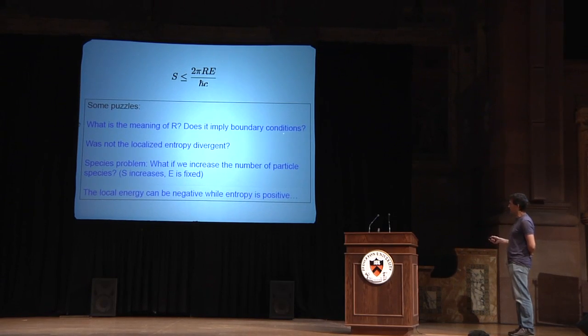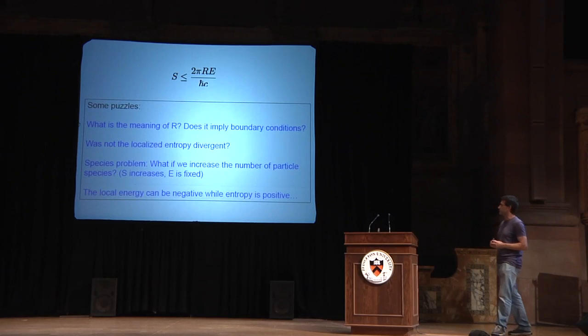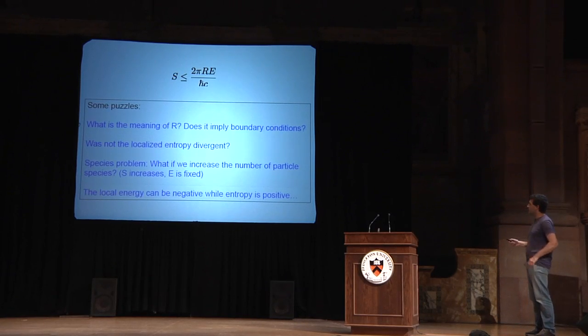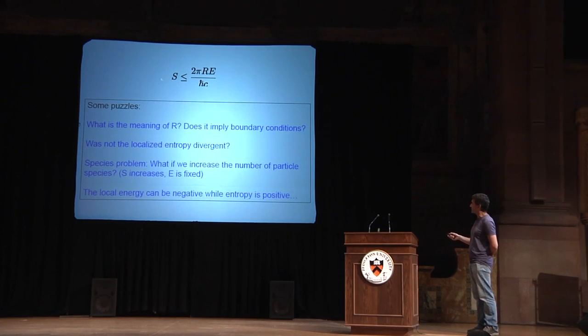In that case, it means that this bound depends also on some external element, that is, these boundary conditions. Another question was the entropy. We know the localized entropy is divergent, so what is the meaning of this equation if this is divergent, right?